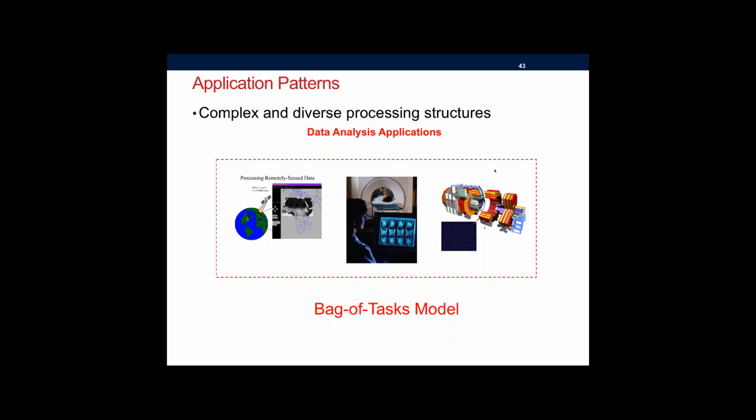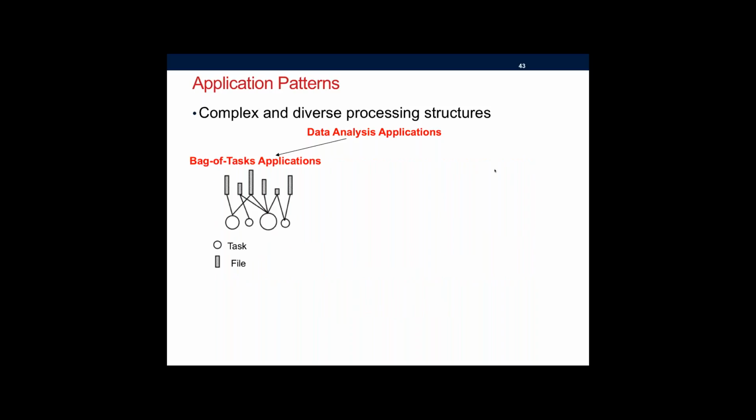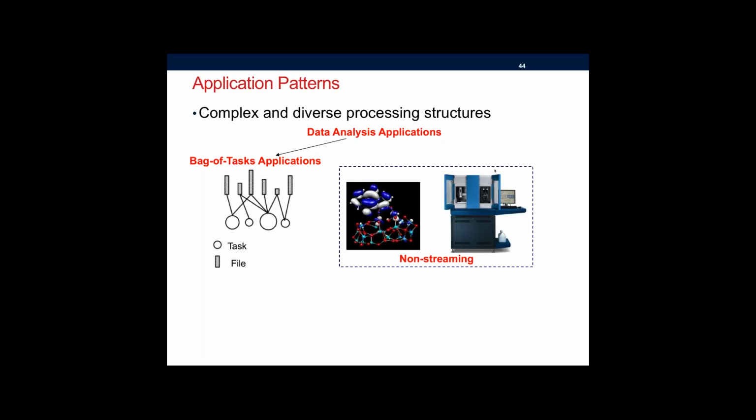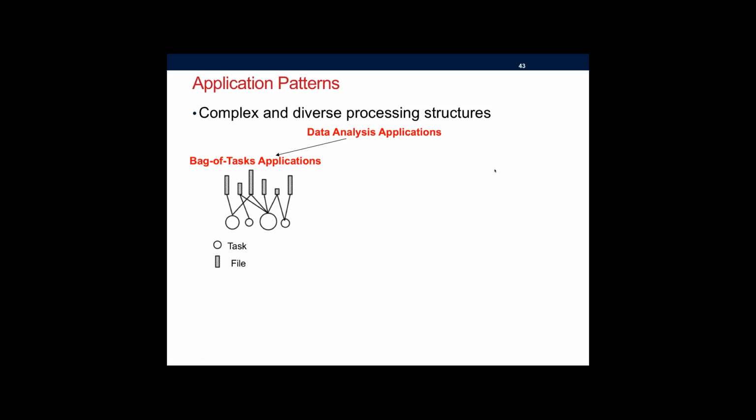In that case, you have some computations that you need to do that are independent of each other, but they may depend on some input files. DCMRI was one of the applications we developed, and that fits into this model. So you have the tasks, and they depend on some files, and you can just independently parallelize those to get efficiency.